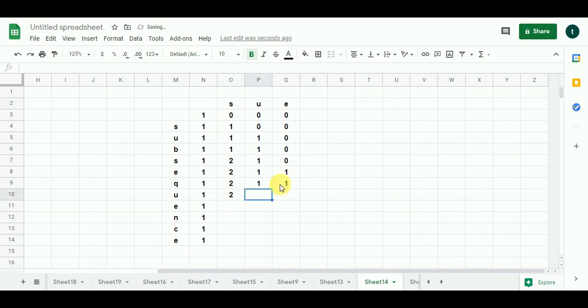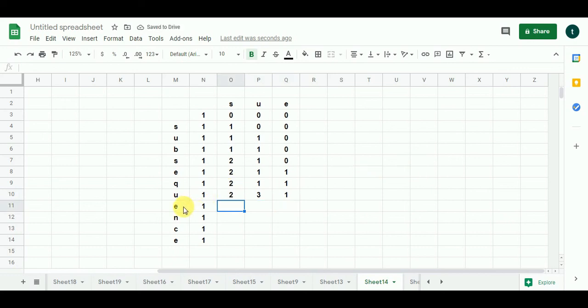Now here U matches with this U. So what we are going to do, we already saw this value over here is going to be the summation of this value and this value. So we are going to get 2 plus 1 as 3. Over here U doesn't match with E, so I'm going to get 1, which I'm going to derive directly from the top.